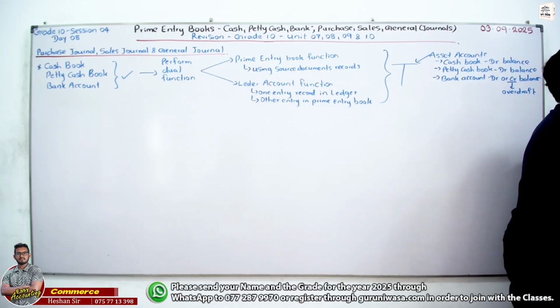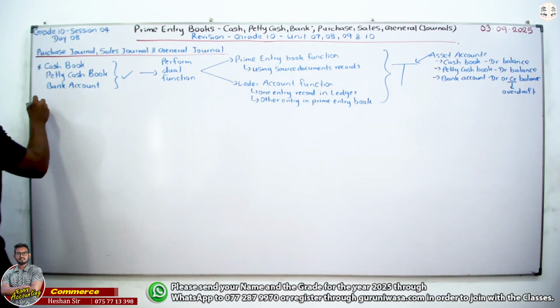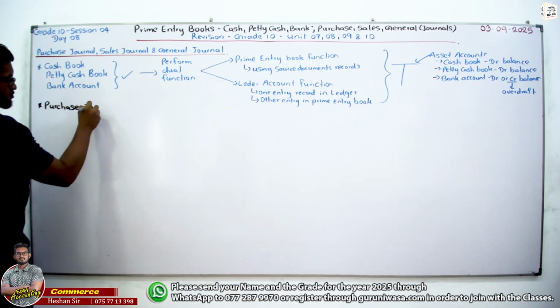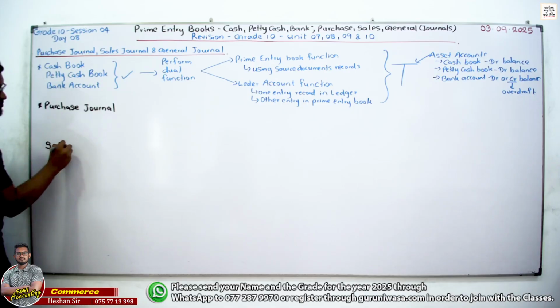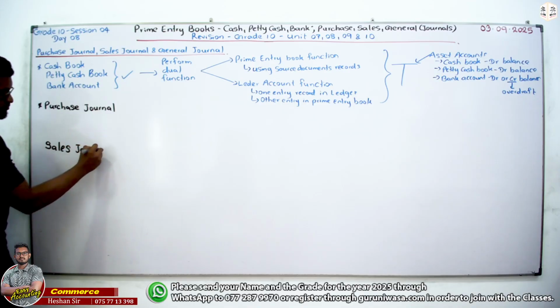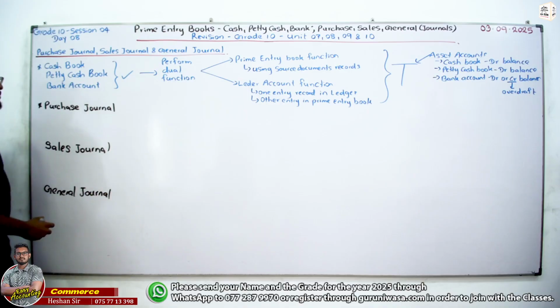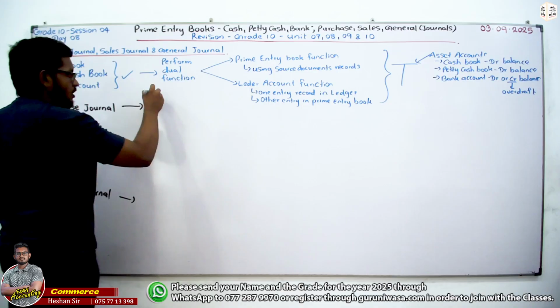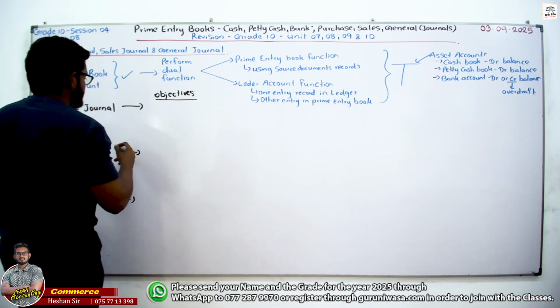So we need to go with other things: purchase journal, sales journal, and general journal. Now, can you tell me what are the objectives of these three prime entry books? Why do we have a purchase journal?